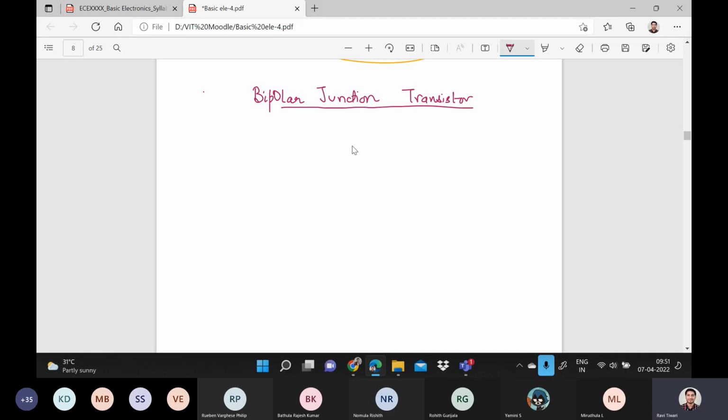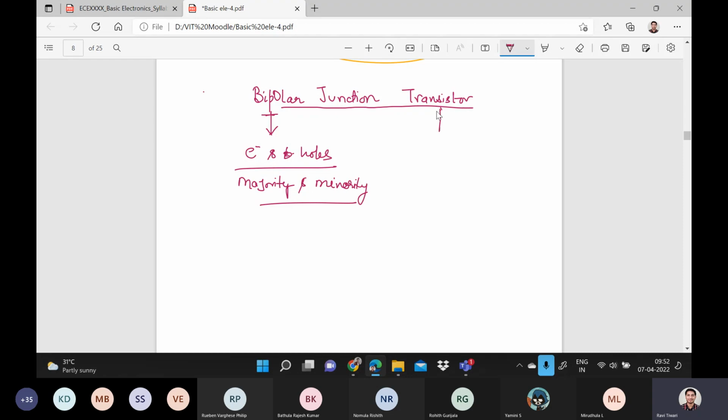This bipolar junction transistor was developed by William Shockley in 1947, and it is a bipolar device because here the current is carried by electrons and holes both. That's why it's called a bipolar device. In other words, because of majority and minority carriers, that's why it's called bipolar.